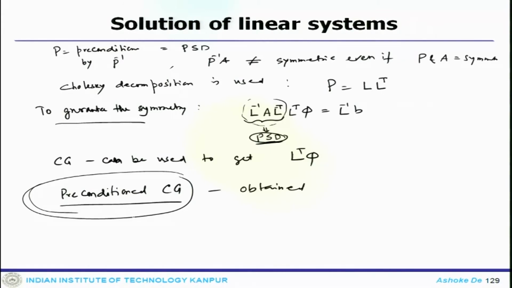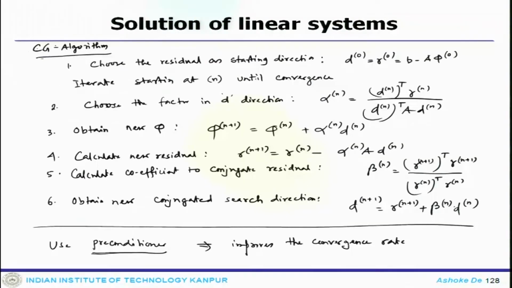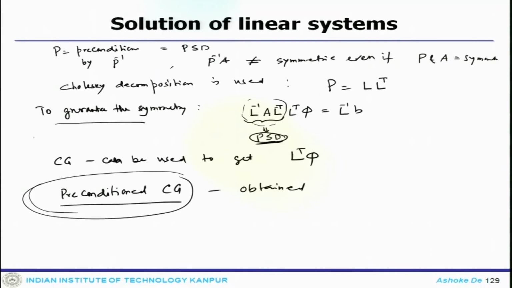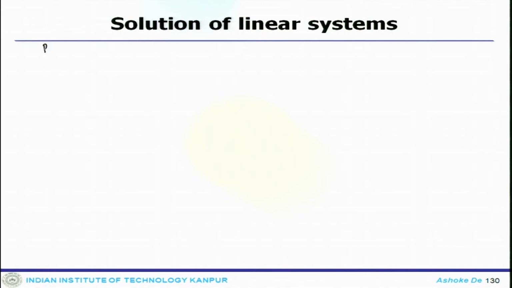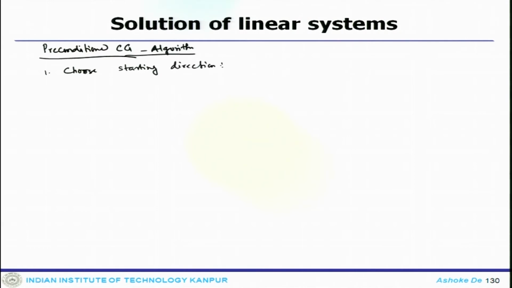Previously we have seen the algorithm for the conjugate gradient. Now, what happens to the original algorithm for the preconditioned CG algorithm? First, again you have to choose a starting direction, which is important.